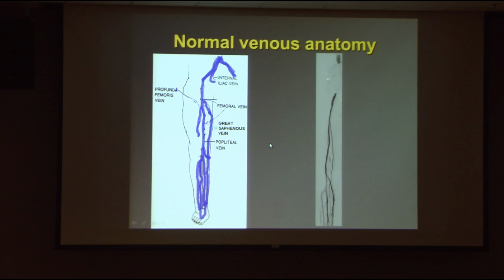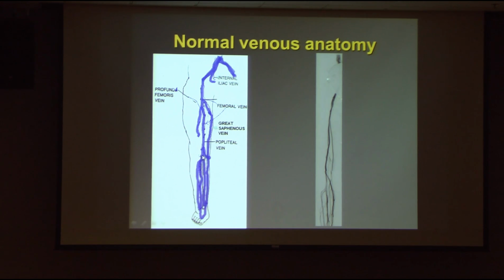I want to just take a second to acknowledge that I don't draw very well, but I think drawings or diagrams are often the best way to explain anatomy to a patient or another doctor. So I've tended to use diagrams that other people have made and just kind of change them. Here's normal venous anatomy, roughly portrayed, and we have a series of veins running in a vertical fashion up the inside of your calf.